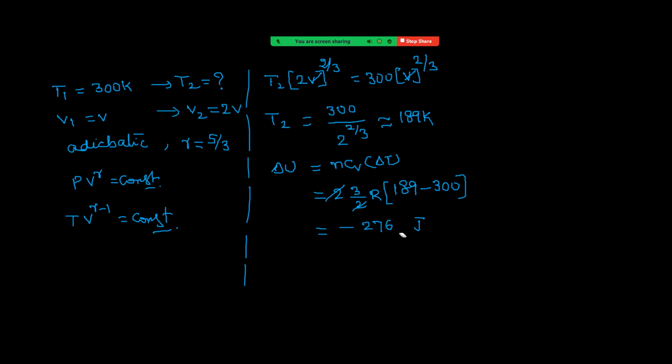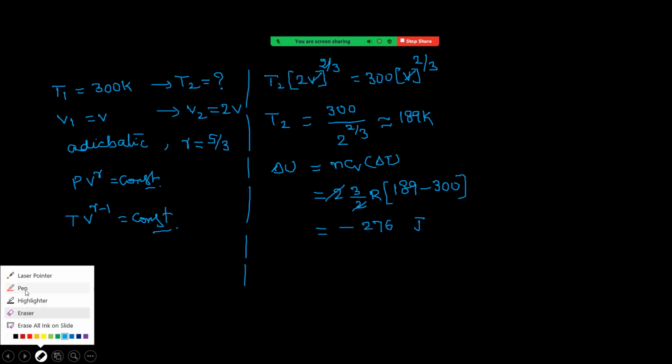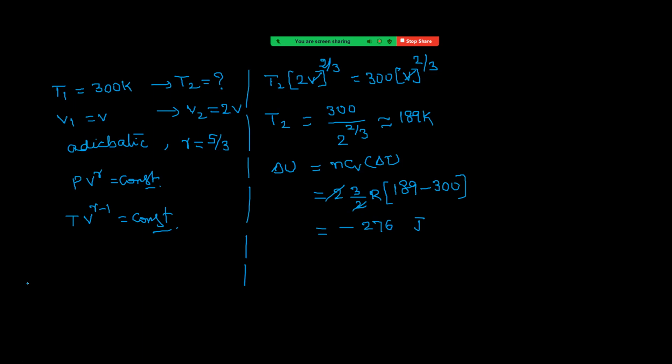This is 7. So 2767 joules. And the next question is the work done by the gas. We know that for an adiabatic process, Q value is 0.